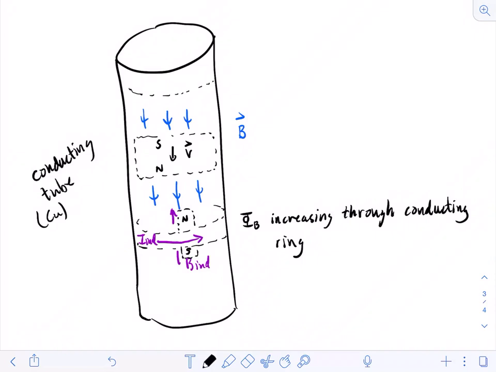Okay, and then we could do something similar above. So over here, we've got another little conducting ring, but this time our magnet is falling away from that conducting ring, and so the magnetic flux is decreasing through this top conducting ring.